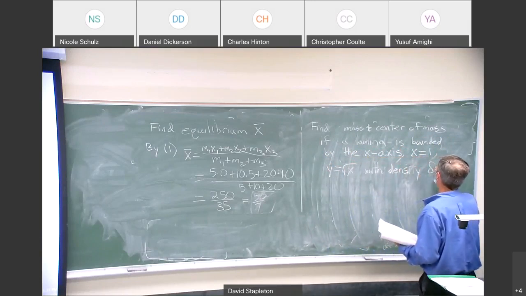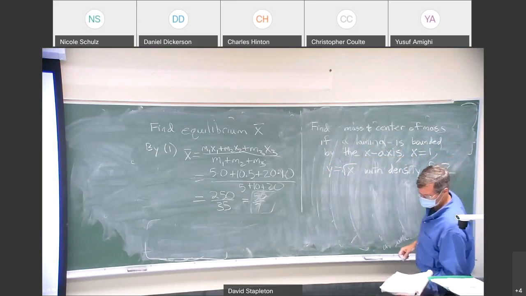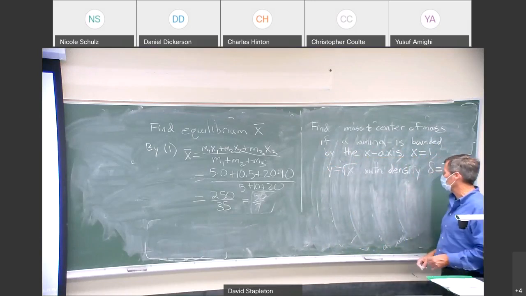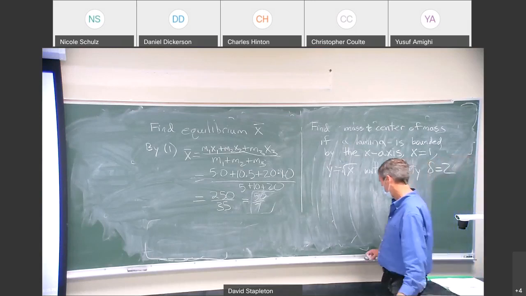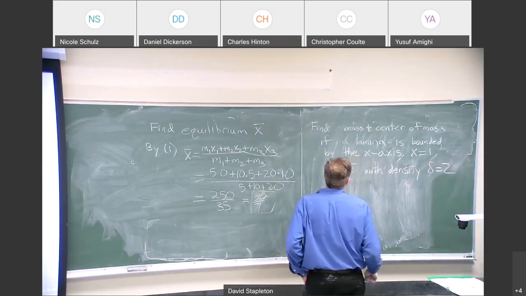What I don't like about this section is when density is constant, it doesn't matter what density is, you always get the same answer. But they're trying to keep it simple.